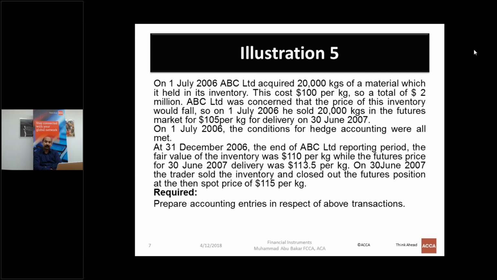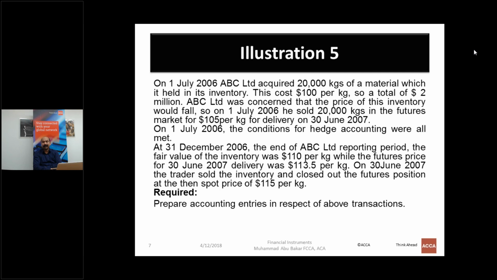Another exception is if part of the consideration given for a financial asset is something other than the financial asset.